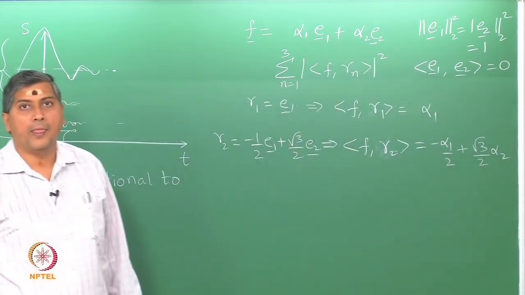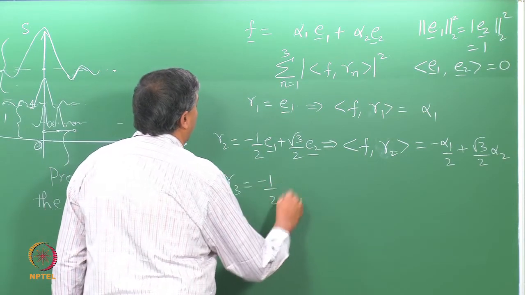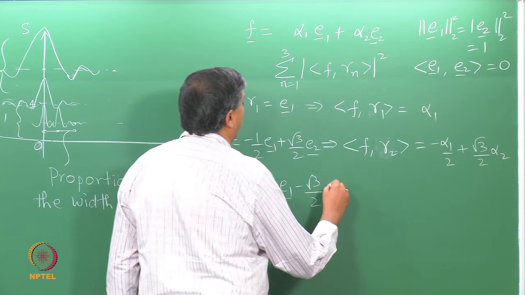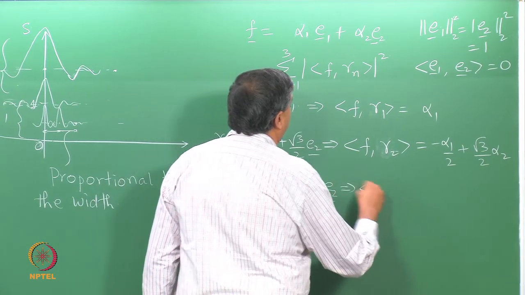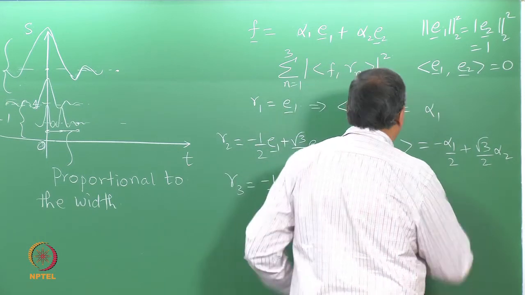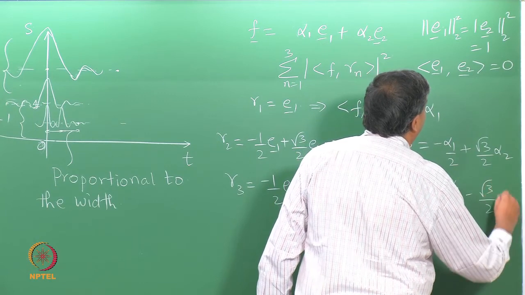And then finally the last one is fairly straightforward once you have understood the second case. Gamma 3: I have here minus alpha 1 over 2 minus root 3 over 2 alpha 2.